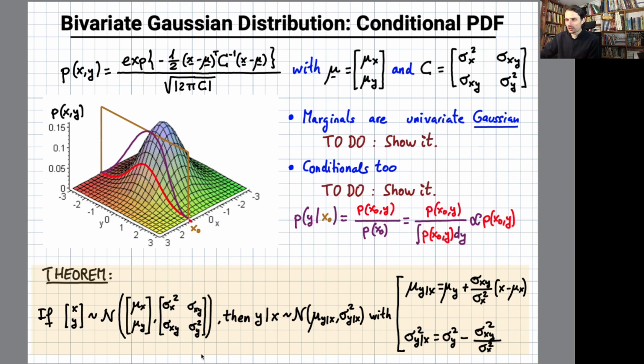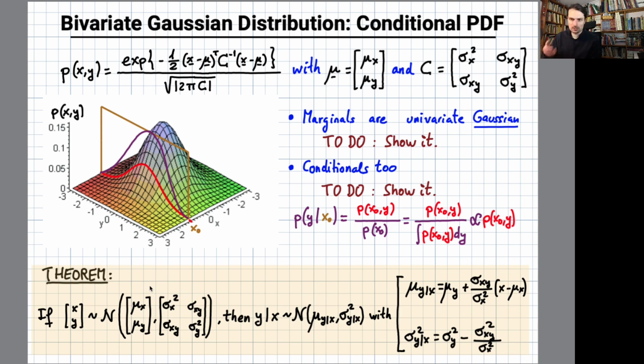So if x and y are distributed in this way, I wrote this distribution again for completeness, then y given x is Gaussian distributed with this mean and this variance, right? Where this mean is given by this expression, and the conditional variance is given by this other expression, right? So whenever we need to compute a conditional PDF that involves jointly Gaussian random variables, we don't need to do the derivations that we did in our DC level estimation example, right?